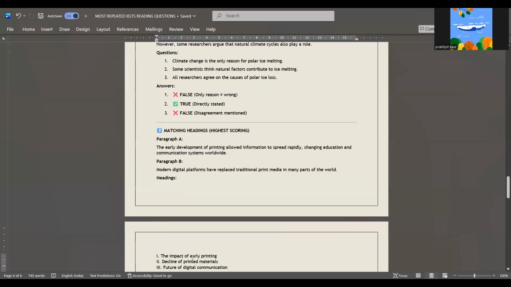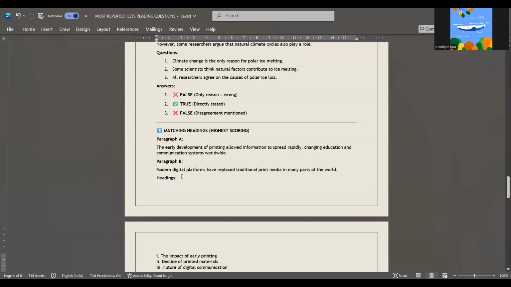So here it is early printing, impact of early printing. So the answer will be the first one here. It talks about impact on education, impact on communication systems. So early development has many impacts.